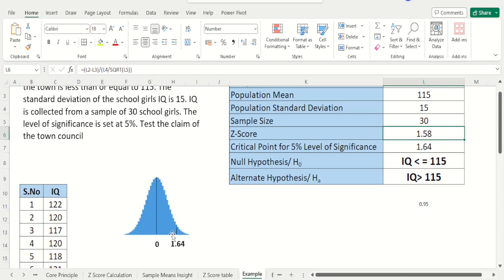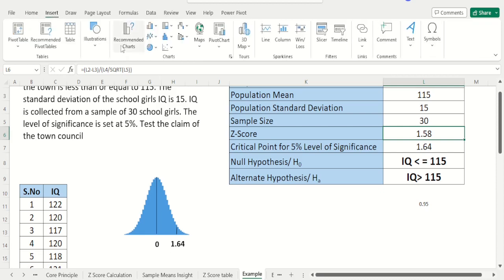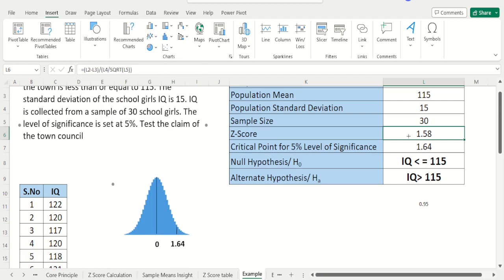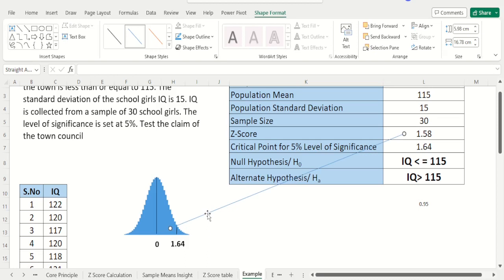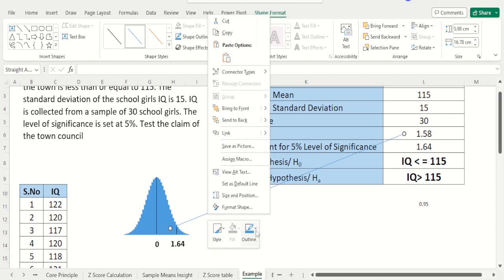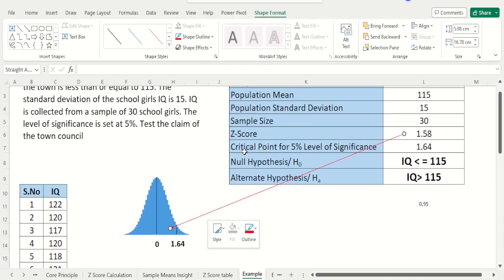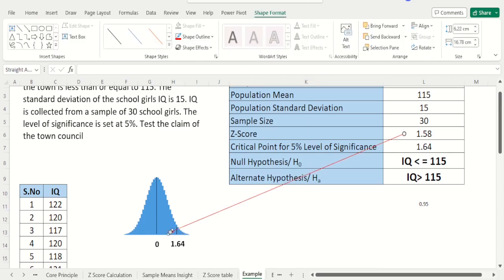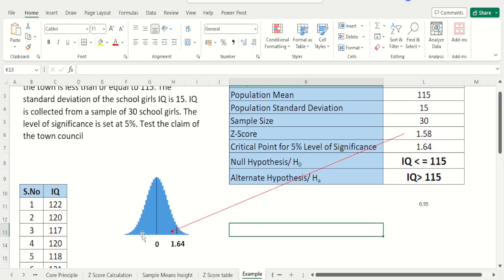Since it is in the area of non-rejection, we will say that we failed to reject the null. If I was to make an arrow to make it easier for visualization, this 1.58 is going to fall somewhere here. Let's give it a different color. As you can see, 1.58 is less than 1.64. It will fall somewhere here. This area is the area of non-rejection because it's less than the 1.64 mark.